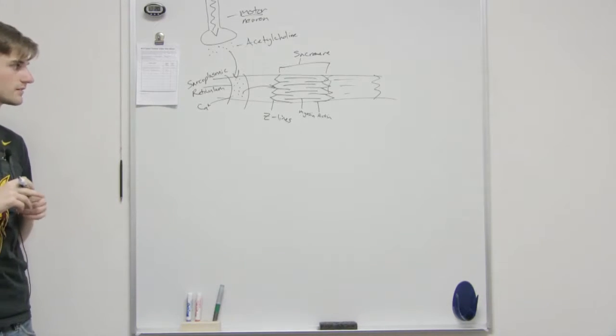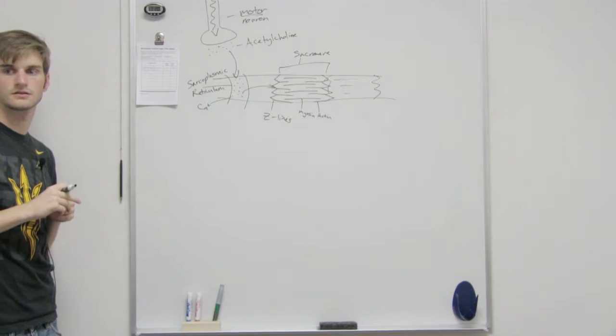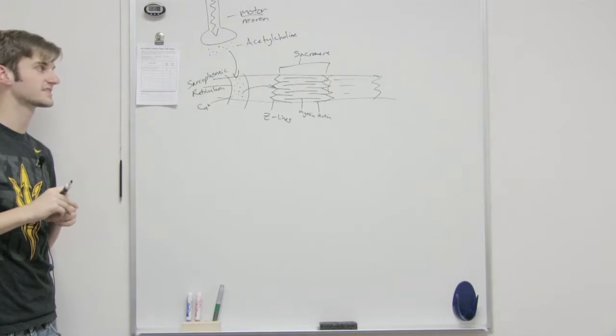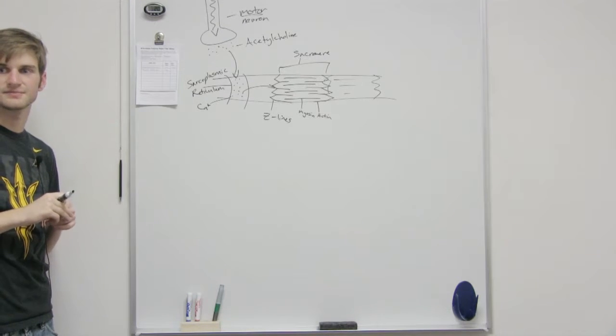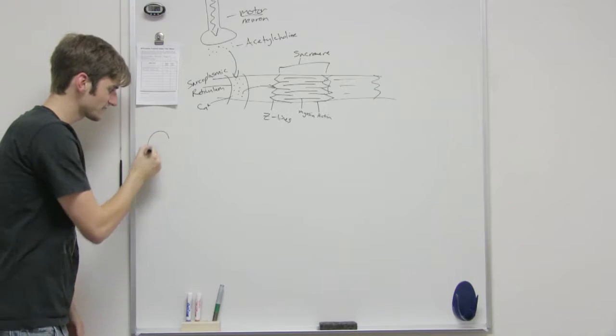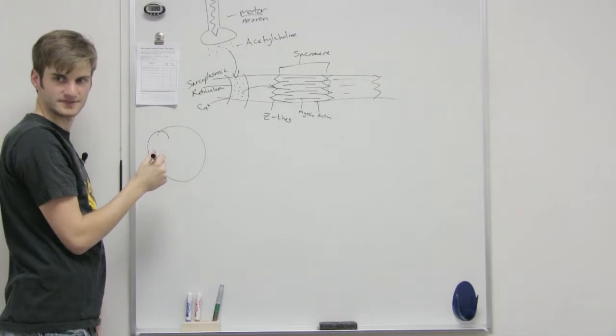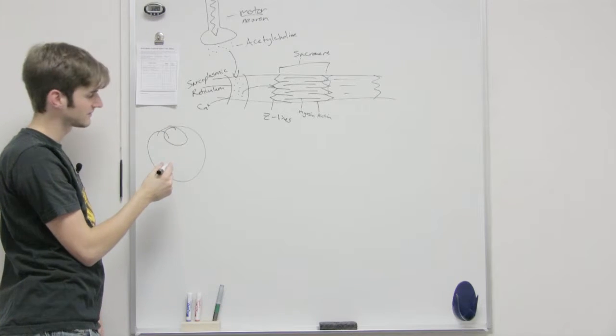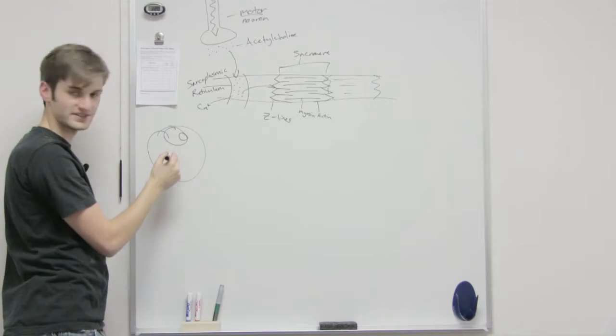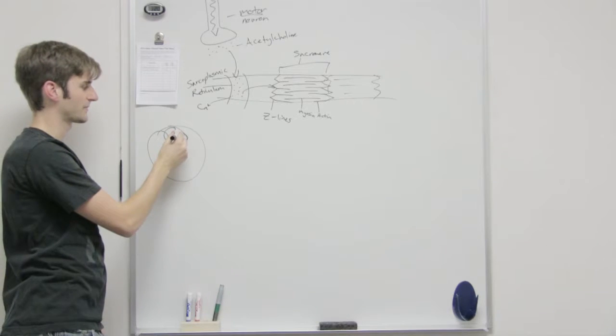What you're showing me right here is just one muscle cell? This is a myofibril inside a muscle cell. Here's a muscle. You have a muscle bundle. You have a muscle cell. You have a myofibril.